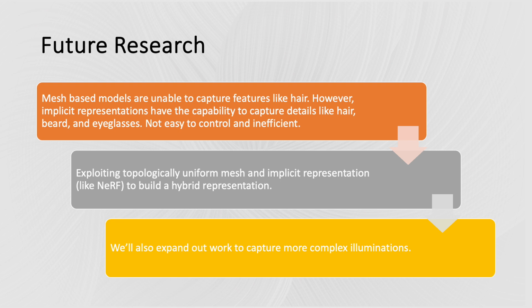They are easy to integrate with graphic engine pipelines, but they are not able to capture high frequency details, for example hair or eyeglasses. However, implicit representations have the capability to capture these details, for example hair, eyeglasses, clothing. But they are not easy to control and they are not very efficient.